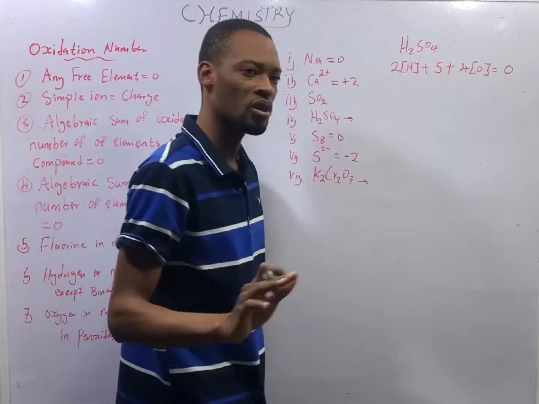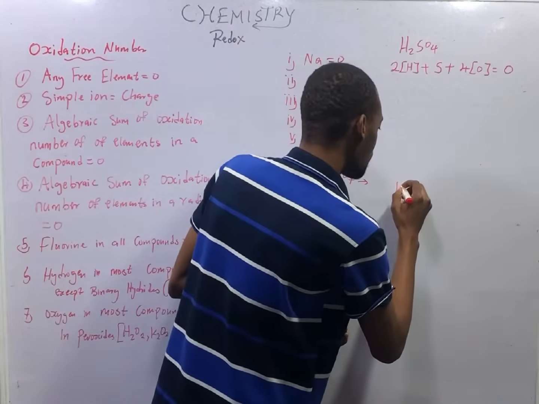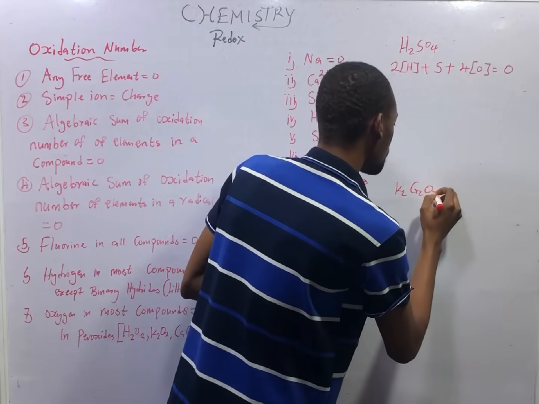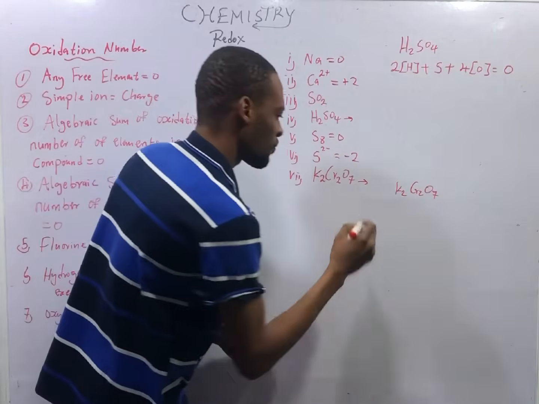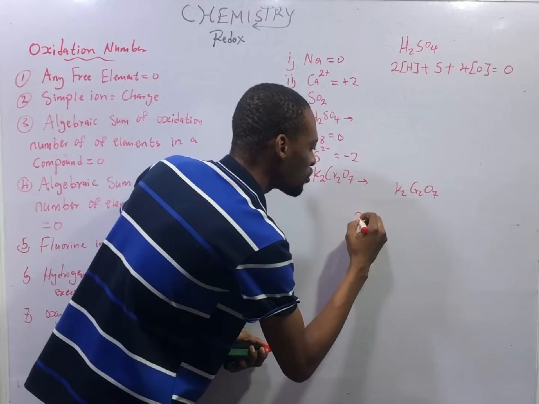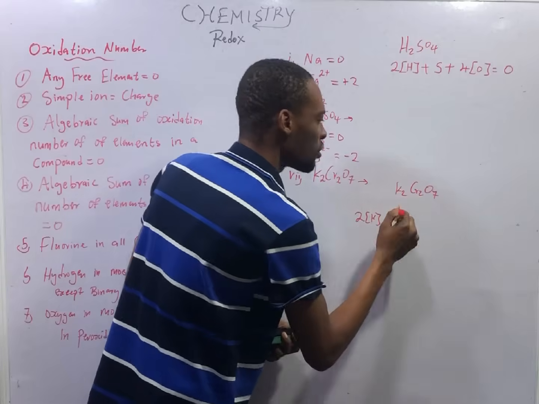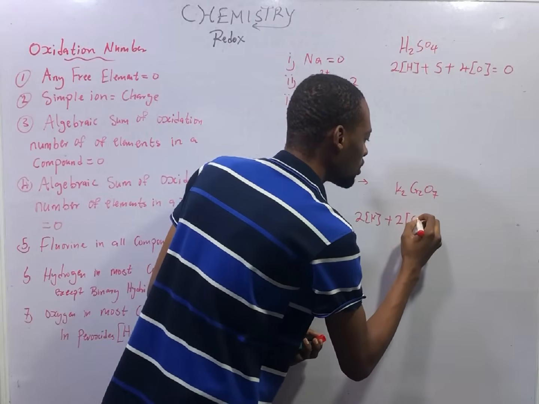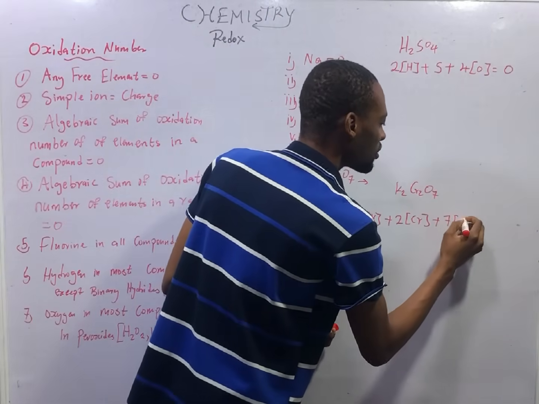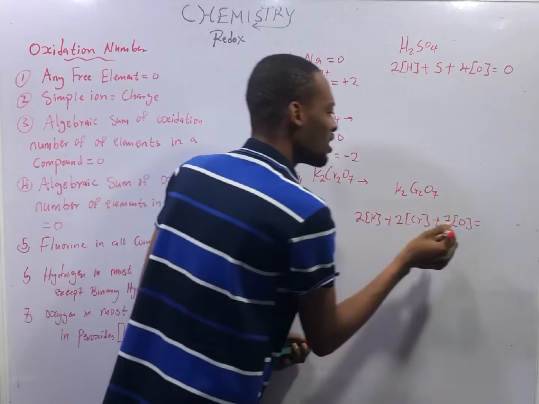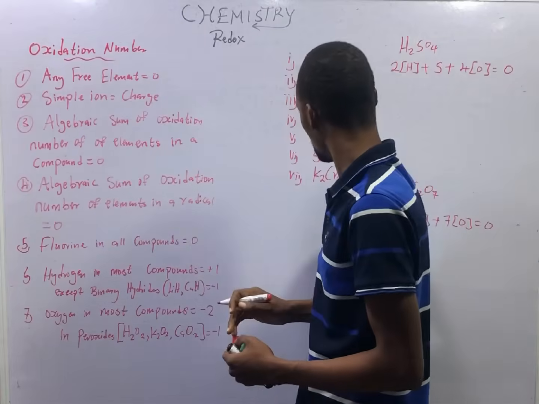Everything is equals 0. So the sum of each of the oxidation number equals 0. For K2Cr2O7, the algebraic sum of all the oxidation number is equals, we have 2 potassium, so 2 times the oxidation number of potassium plus we have 2 chromium, 2 times the oxidation number of chromium plus 7 oxygen, 7 times the oxidation number of oxygen. The sum of all their oxidation number is equals 0. That is what this law is trying to tell us.